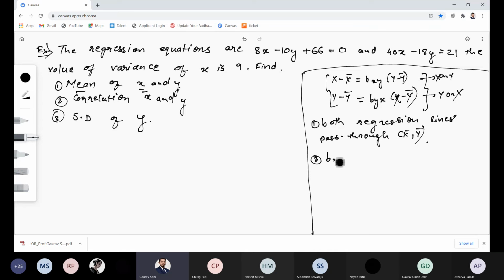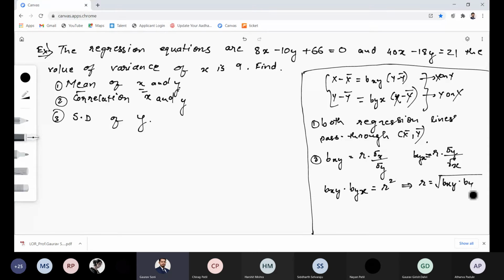Now, what is bxy? R into sigma x by sigma y. byx is R into sigma y by sigma x. So if I multiply both of them, this has to be r square, which means that r is equal to under root bxy into byx.